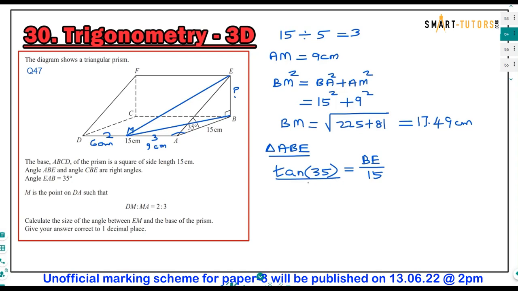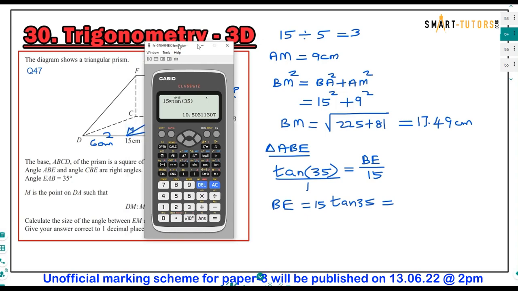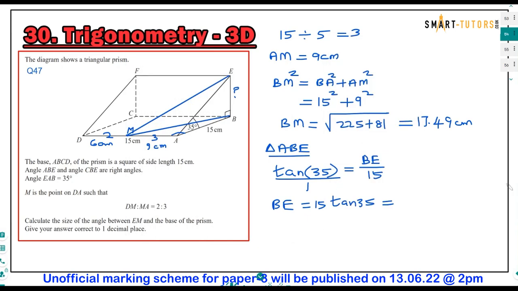So tan 35 over 1, cross multiply, so BE equals 15 tan 35. That answer we can also find out quickly: 15 times tan 35, and that is 10.5. So BE is 10.5.